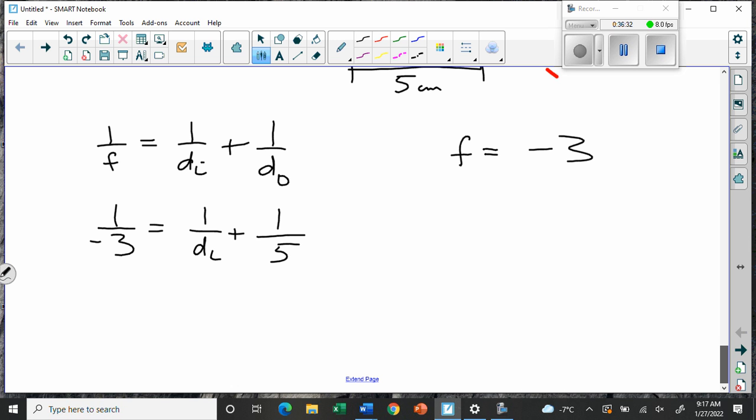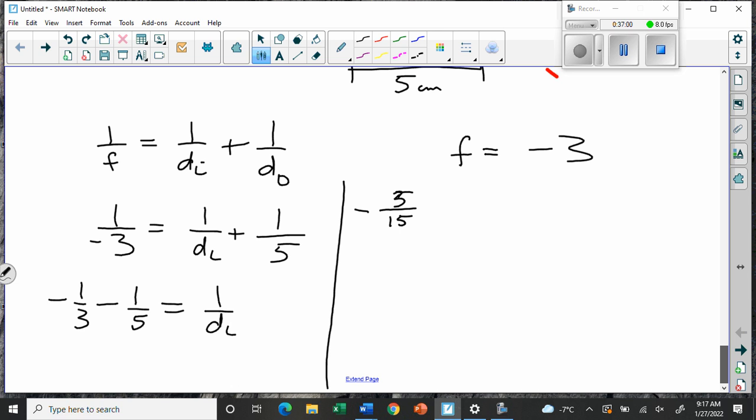Let's do the numbers and see if they match the picture. Okay, so we have negative 1/3 minus 1/5 equals 1 over di. So if we do some common denominator here, or you can convert them to decimals, however you want to do the subtraction, that would be negative 5/15, multiply the top and the bottom by 5, and then multiply the top and the bottom of this other fraction by 3, minus 3/15 equals 1 over di.